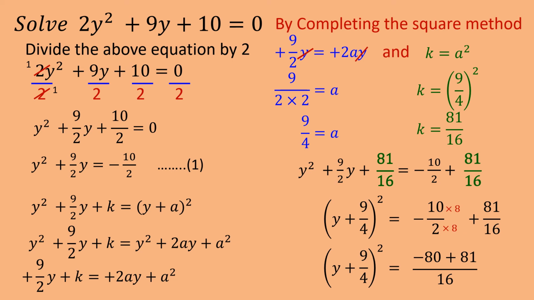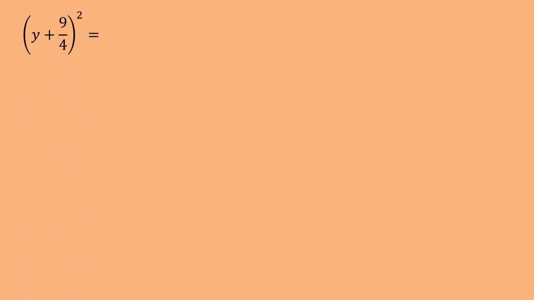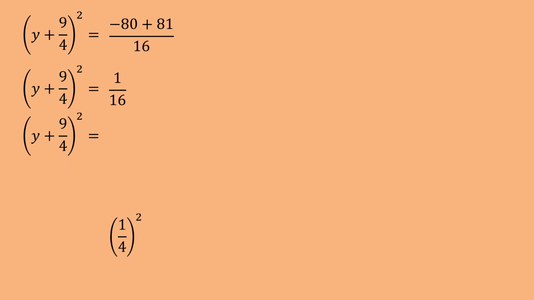Once the denominators are equal, the numerator can be added or subtracted. Let us see here now. We have got y plus 9 upon 4 whole square equals 1 upon 16. Then we will convert the right side also into square form. Yes, 1 upon 4 whole square.